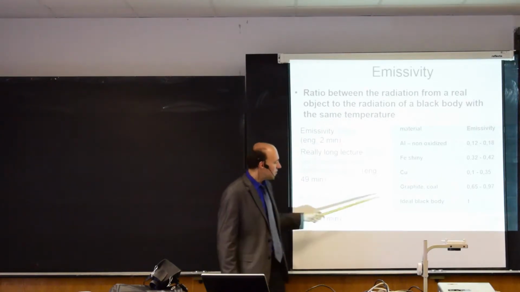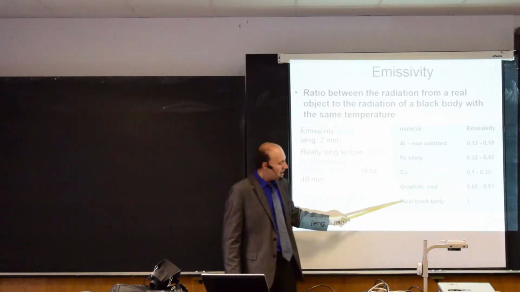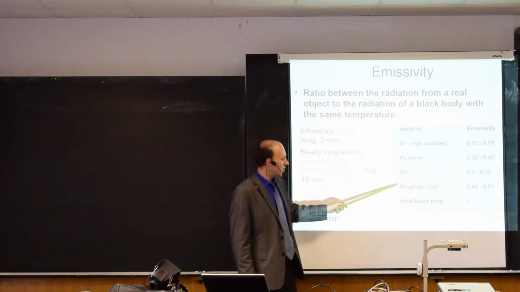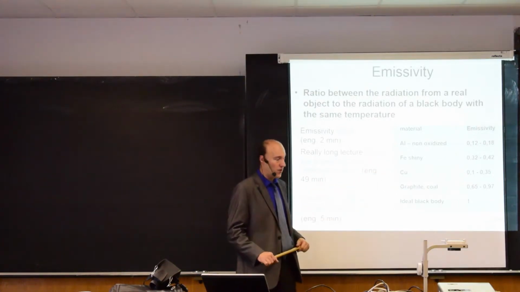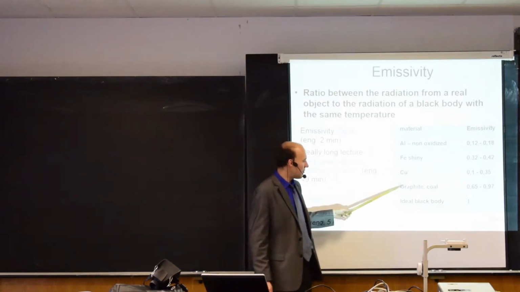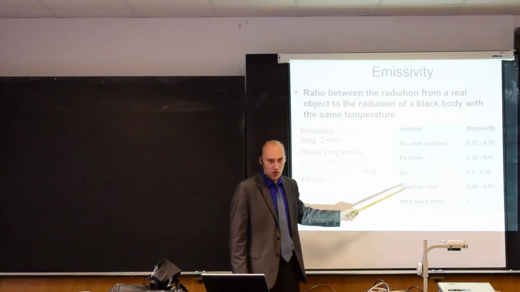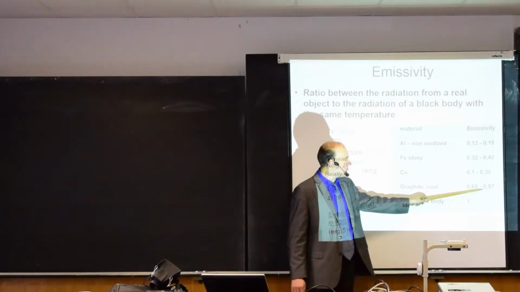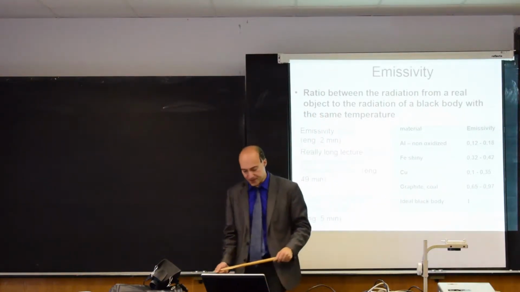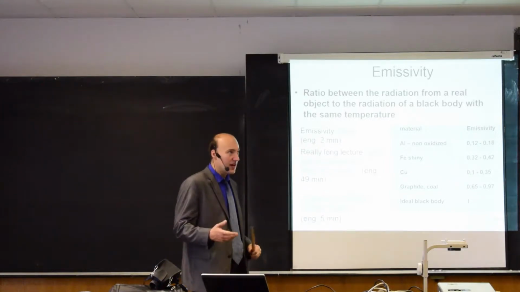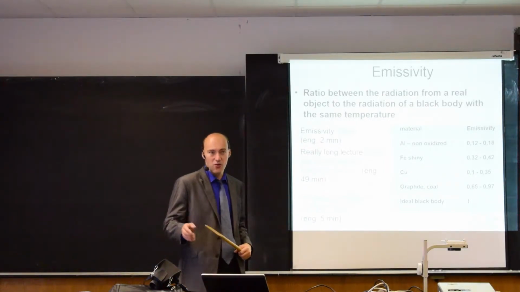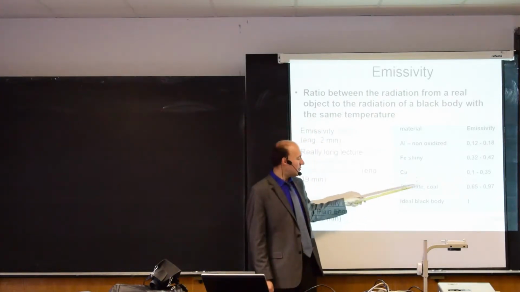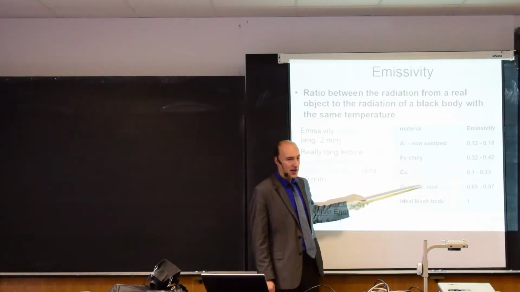So here you see an ideal black body has emissivity 1, and all other materials have emissivity that's smaller than 1. For example, graphite or coal can get quite close to this ideal black body. You can see up to 0.97. Typically, we have objects that have 0.95. You will see that also in the lab. The other materials have lower emissivity.